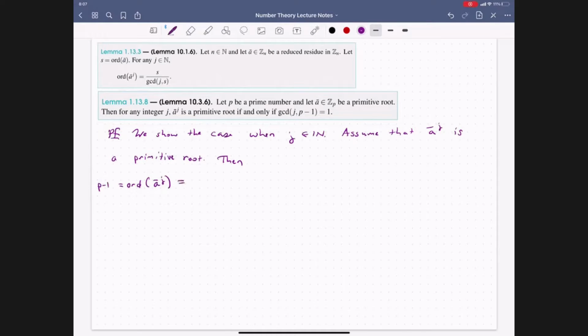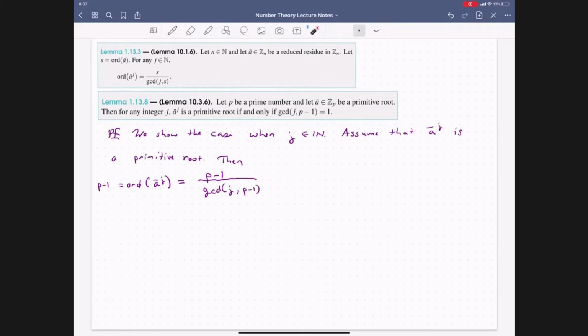But now, if we apply lemma 10.1.6, the order of a bar is p minus 1 by assumption, since a bar is a primitive root, so instead of writing the order of a bar, we have that this is going to be p minus 1 over the GCD of j with p minus 1.